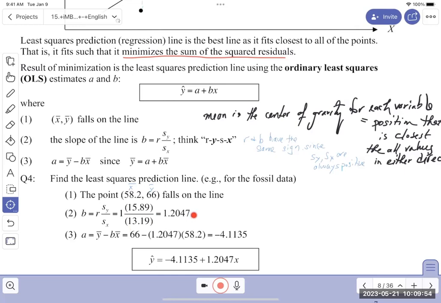So the B was 1.2, which is pretty much the number we found in Excel and on our calculator, but because of rounding it is a little bit different. And then to find the A, we can use this formula or put it into the equation of the line to isolate and solve A, which is close to -4. It's a little bit different than what we got, but here I'm storing 4 decimals.